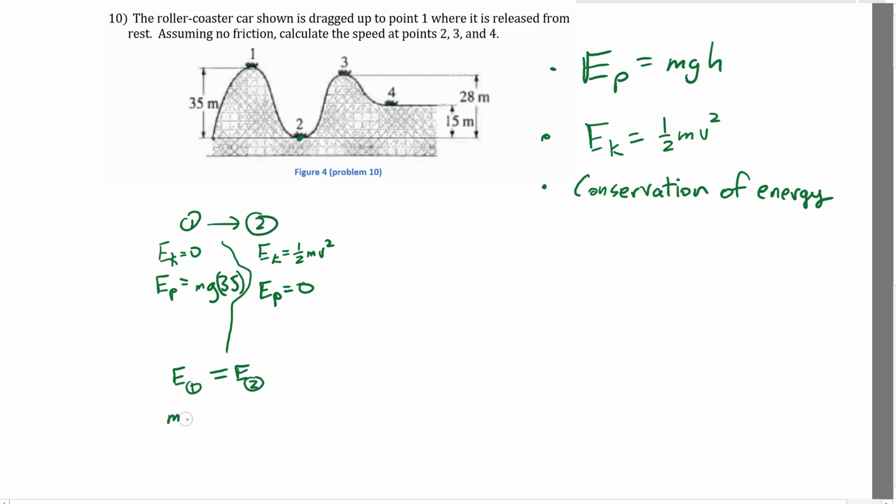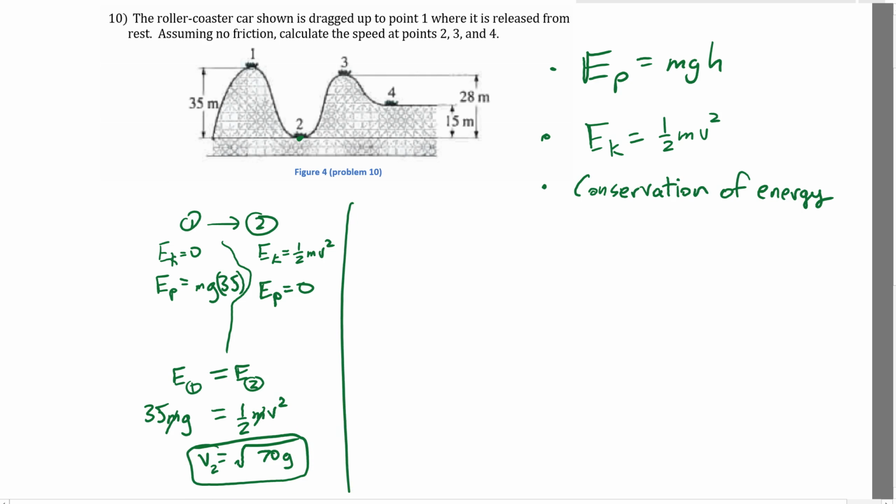So mg times 35 has to equal 1/2 times mv squared. Here's where the m's cancel, and so v equals the square root of 70 times g. I'm just going to stop there. If you need a number, you can plug in 10 for g. So that's the velocity at point 2.